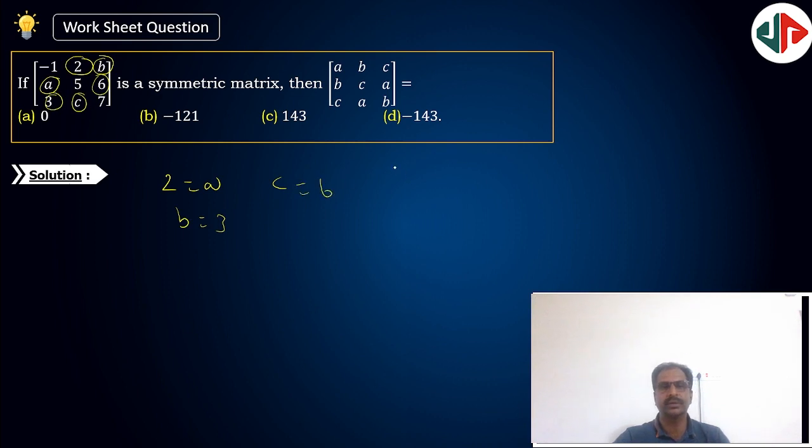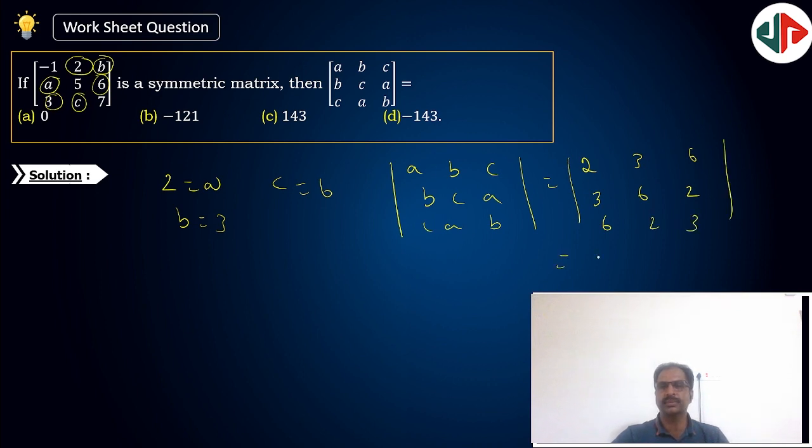Now the question is not a matrix, it is the determinant of A, B, C, B, C, A, C, A, B. It is equal to the determinant of, substituting the values, 2, 3, 6, 3, 6, 2, 6, 2, 3. And you know how to expand it. Expand and you will see that the answer is minus 143, which is option D.